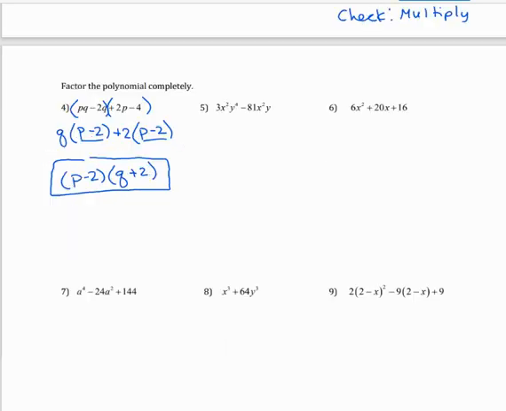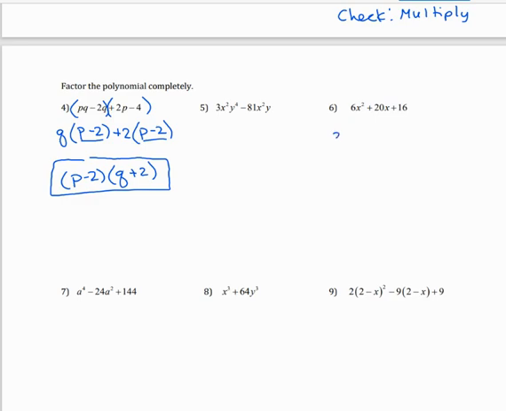Okay, how about number 6? So for number 6, I see I have a trinomial. But recall, the first thing to always do is check for that GCF. And so for these ones, I see even numbers. So that definitely means they have a 2 in common. Do they have anything else? No, right? 6's factors are 1, 2, 3, and 6. That doesn't go in.